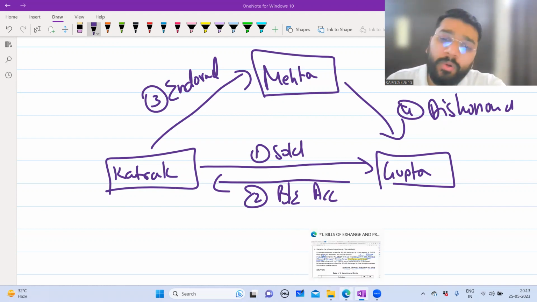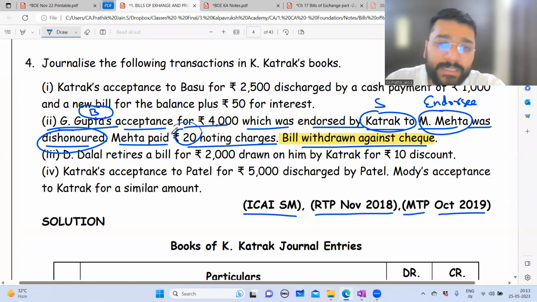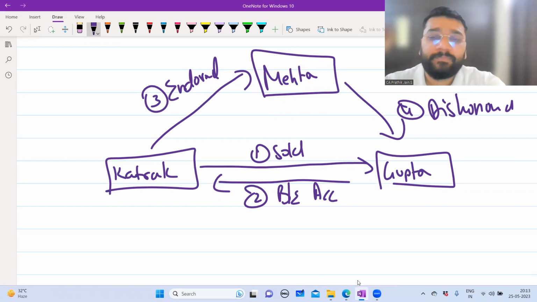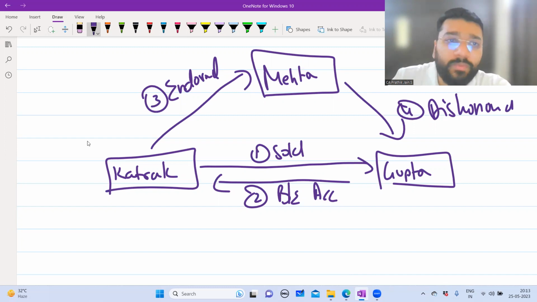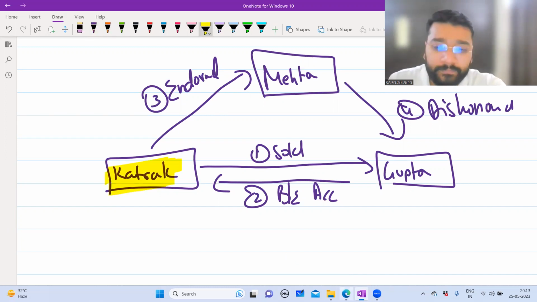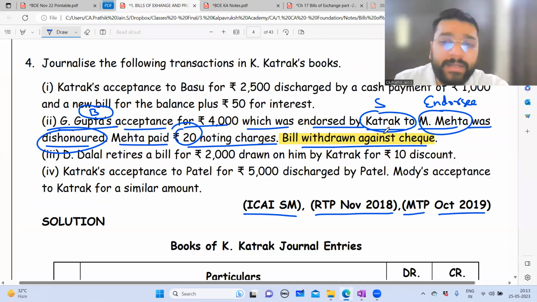Who paid the amount to the notary public? 20 rupees as noting charge. Mehta paid. So Mehta, will he bear the expense or will he recover from somebody else? He will recover from Katrak and Katrak will in turn recover from Gupta. Very good. Wonderful. Now we are recording entries in the books of whom? We are recording entries in whose book, boss?